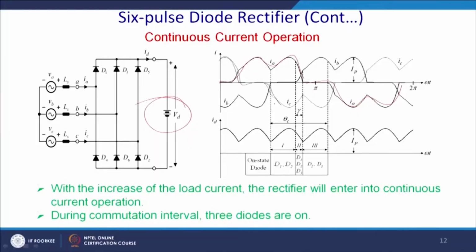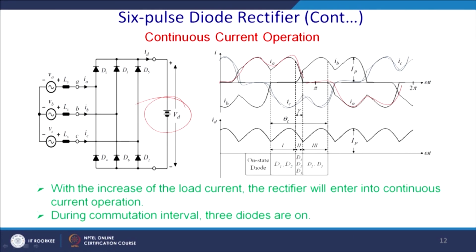And there you can see that different currents have been shown. This is IA, this portion is IA, and I will take a different color pen, maybe blue. So, this is IB, sorry, this is IC, and this one is IB.